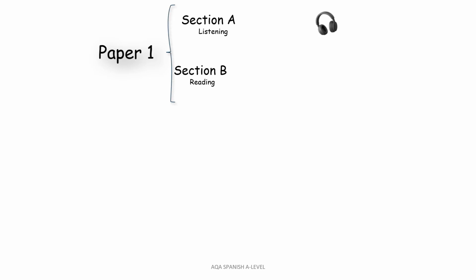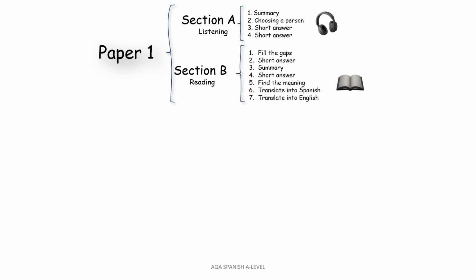So, summarizing all this, paper 1 has two sections, Section A, listening, Section B, reading. Section A has 4 questions, Section B has 7 questions.